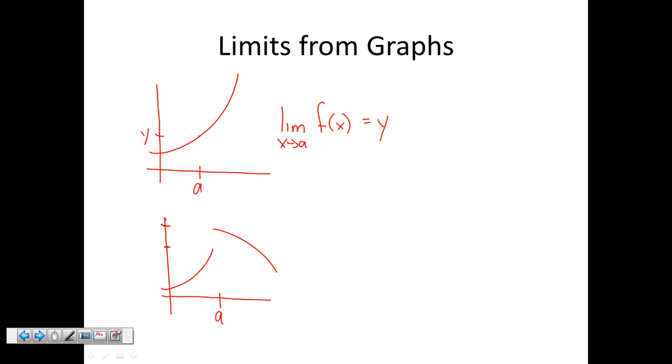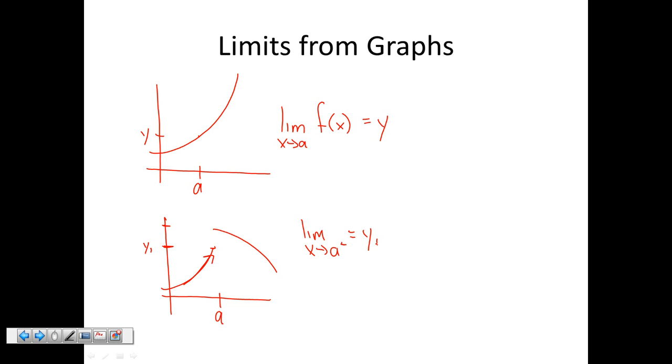If I find the limit as x approaches a from the left, that means I'm going along this way and I have to report this y value. Let's call that y1, so this is equal to y1.